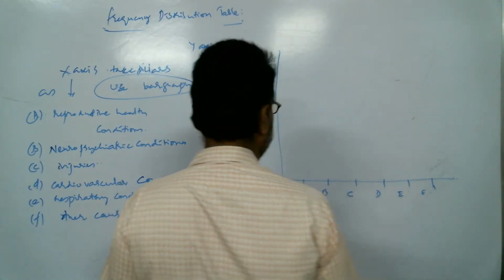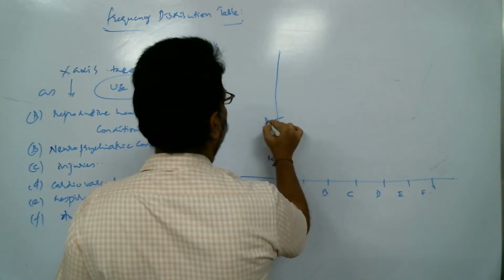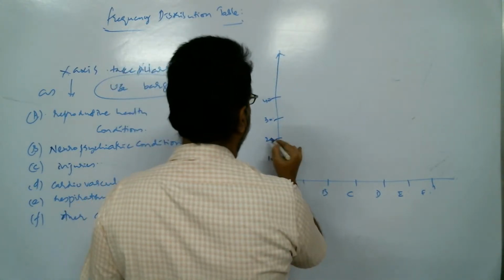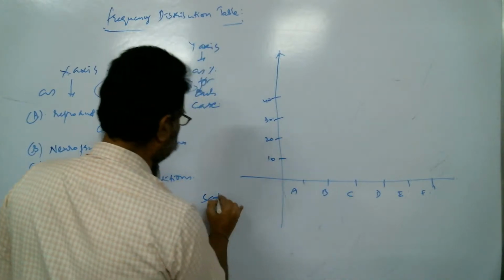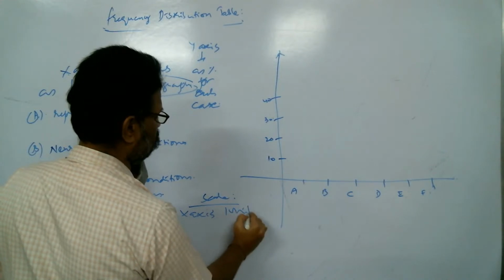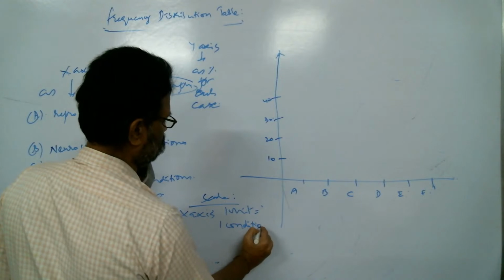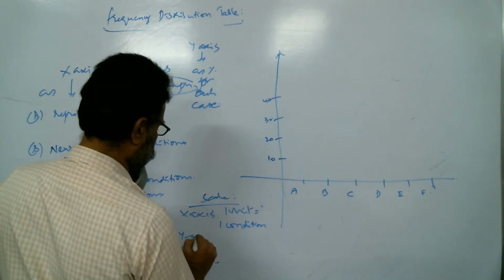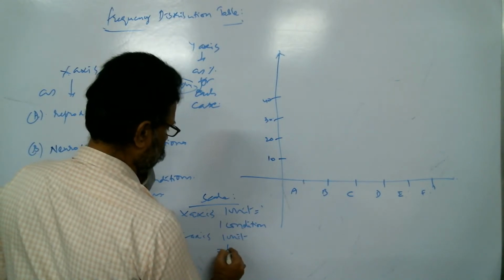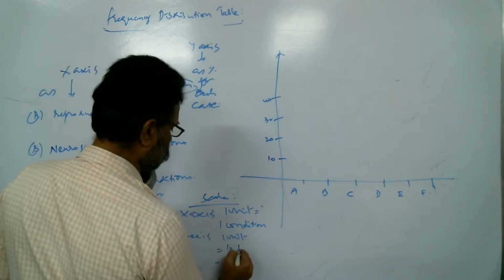There are 6 conditions. Now again you take here 10, 20, 30, 40. Up to here is enough because the highest is 31.8. So the scale you can write: x-axis 1 unit is equal to 1 condition. Y-axis 1 unit is equal to 10 percentage.